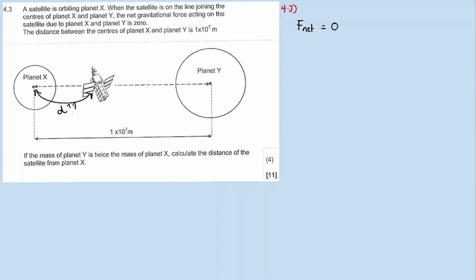We know that F net is equal to 0 due to the 2 planets on the satellite. It means that the gravitational force of planet X on the satellite is equal to the force of planet Y on the satellite.